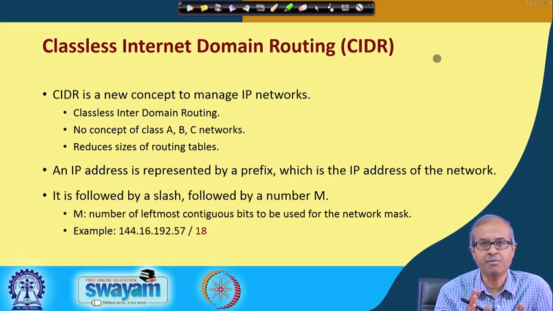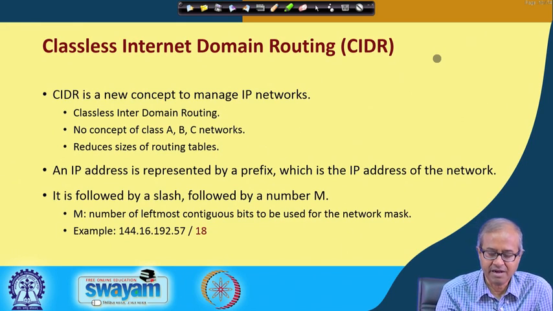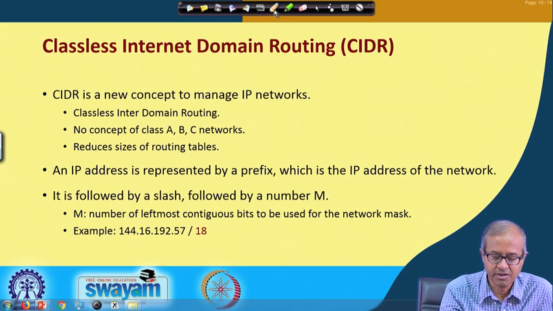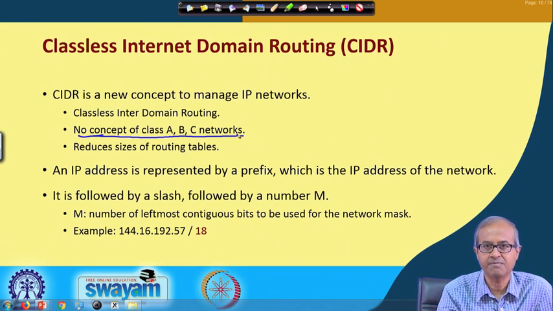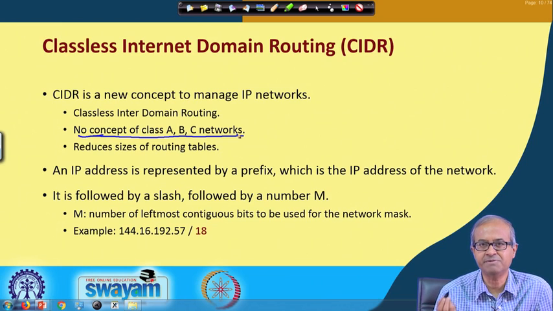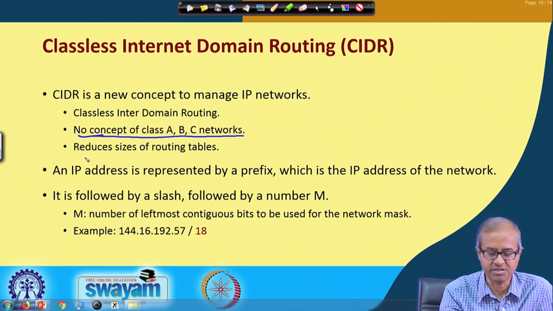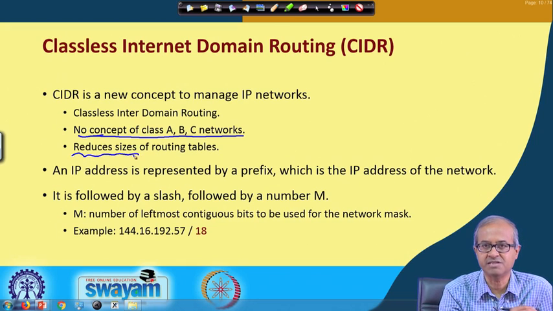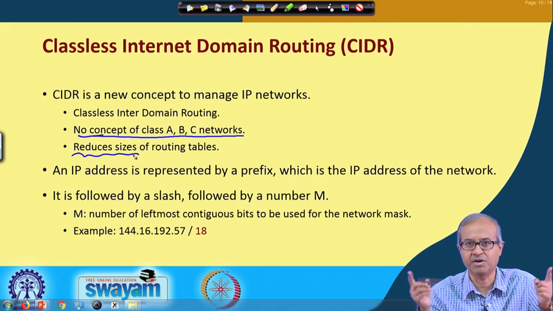We are not talking about address classes at all. Classless here we have no concept of class A, B or C, and this gives certain advantages like the routing tables in the routers, they get reduced in sizes, because we do not have to store the whole masks like that.